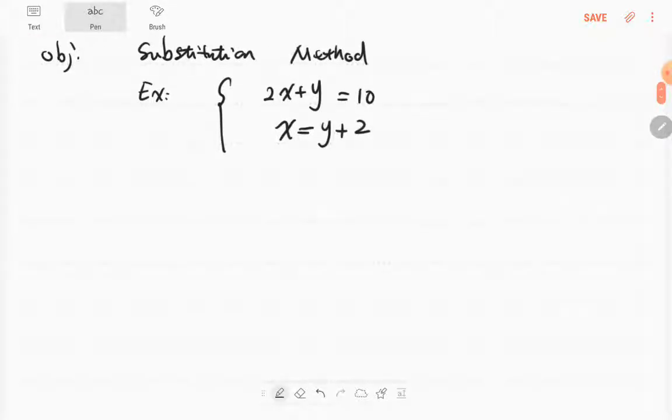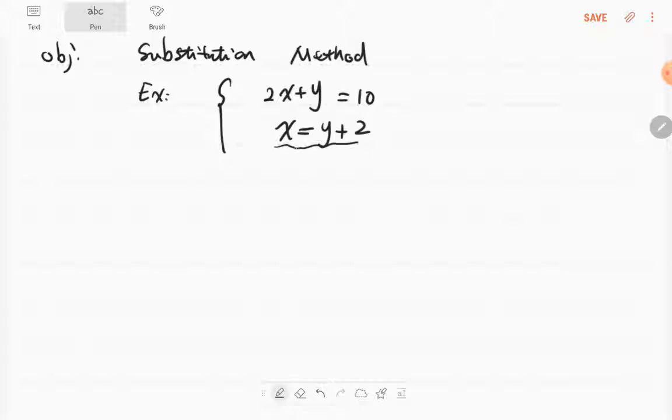Okay, so here we are talking about a substitution method. By its name, we need to use something to substitute something else, right? If we observe these two equations, in the second equation, x is equal to y plus 2. So it's already solved for x, right?